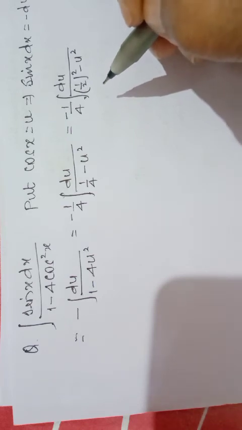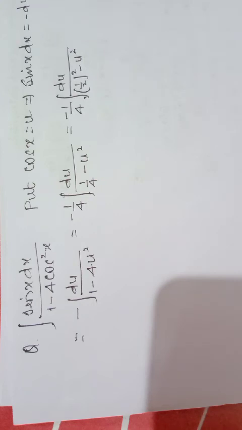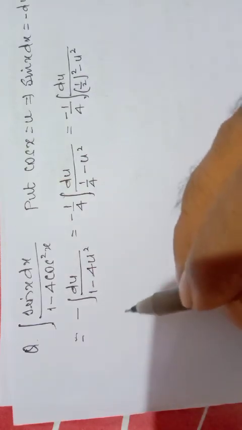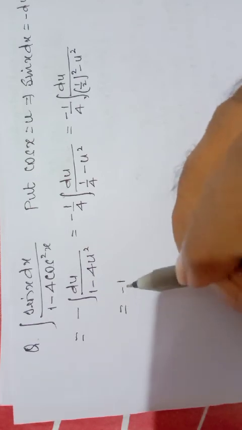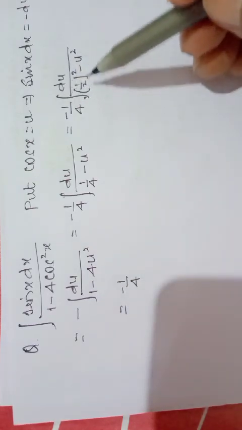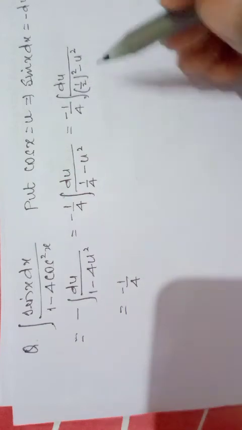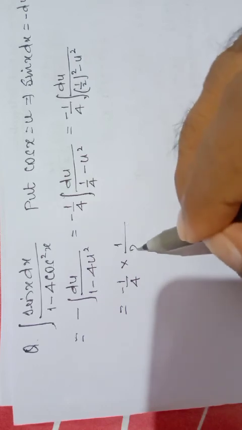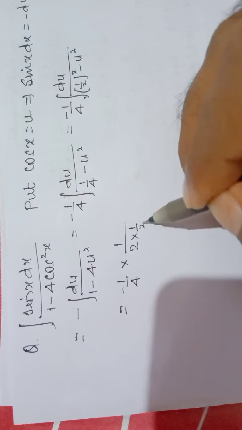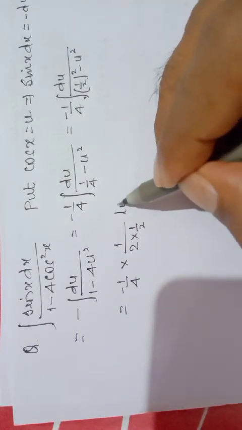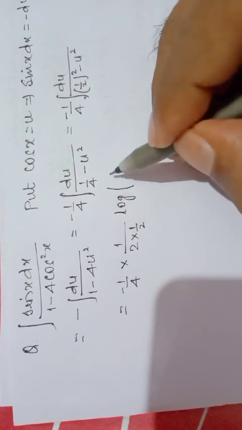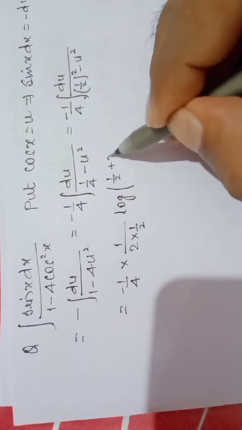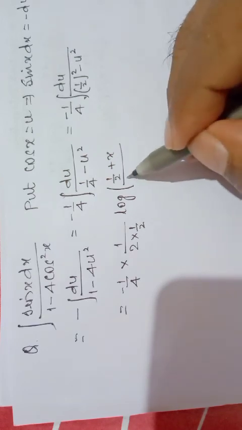We have just derived in the very first formula the integration of 1 upon a square minus x square, so apply the formula directly here. Minus 1 by 4 is already here. The integration of 1 upon a square minus x square is 1 upon 2a log of a plus x upon a minus x.